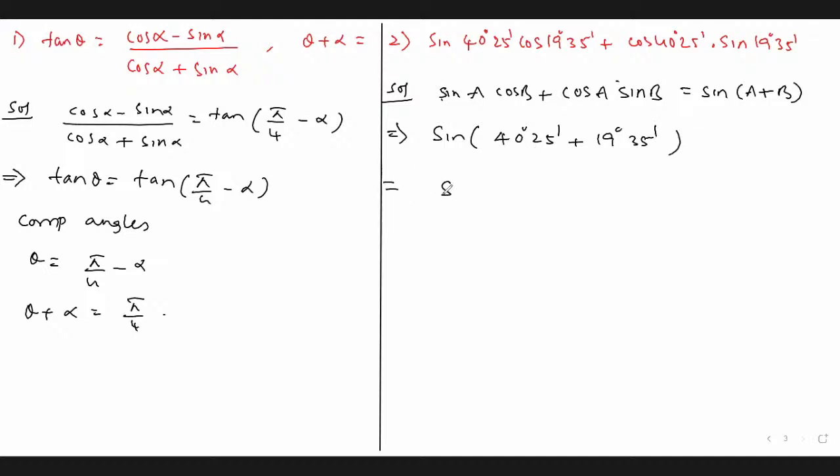So you are going to get sin 60 degrees, that is 59 degrees plus 1 degree, which is equal to 60 degrees. Sin 60 degrees is equal to root 3 by 2, is the answer.